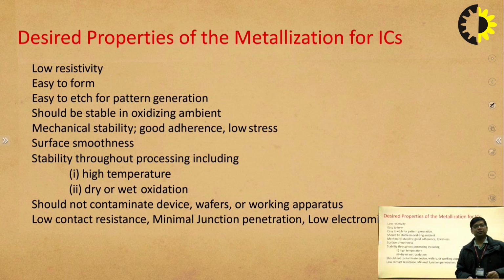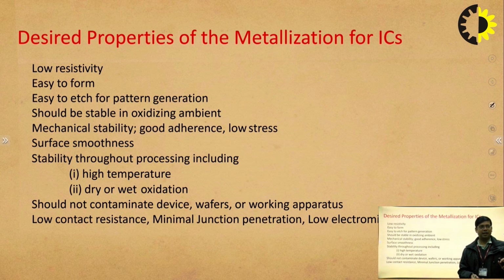And as we know that there are a number of processes that we do on an IC. So the process may be involving high temperature process, or it may be like dry or wet environment, dry or wet ambient, like dry or wet oxidation. In all these ambients, our metallization should be stable.